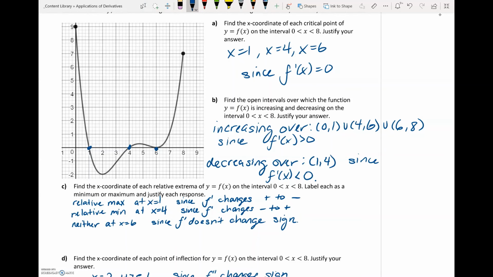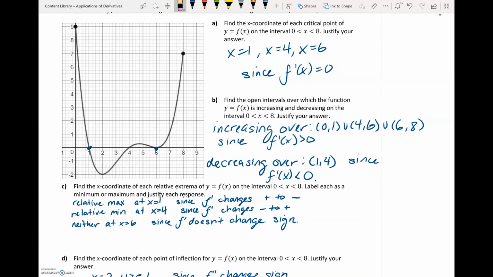So we're looking for when f prime is positive. This occurs between 0 and 1, and then 4 to 6, and then 6 to 8. And for decreasing, this only happens between 1 and 4. That's when f prime is negative.